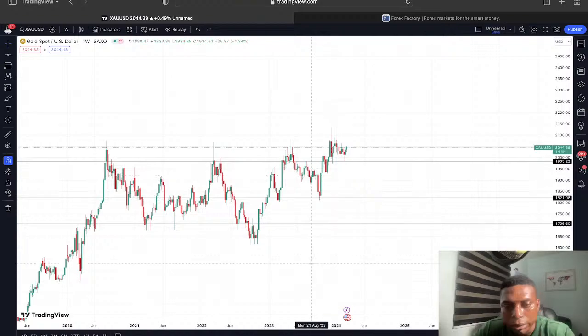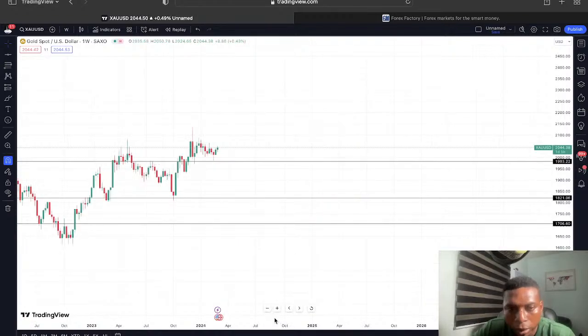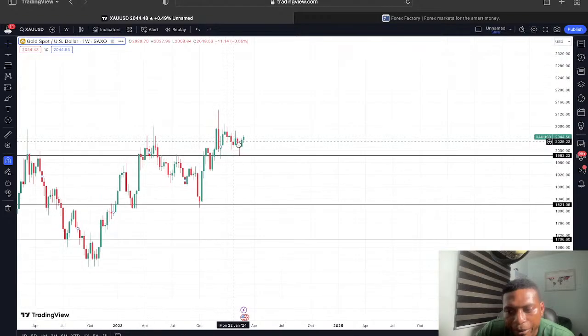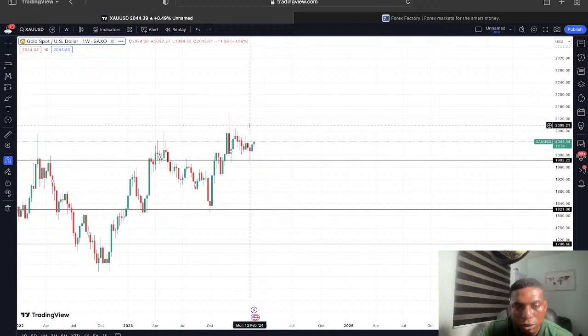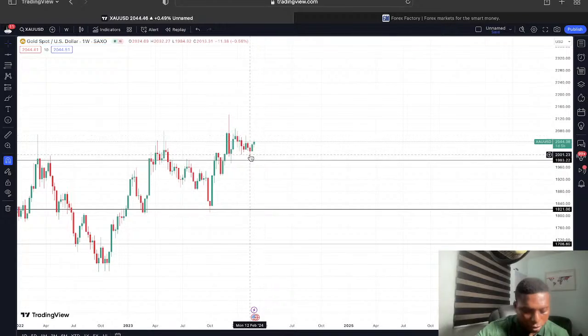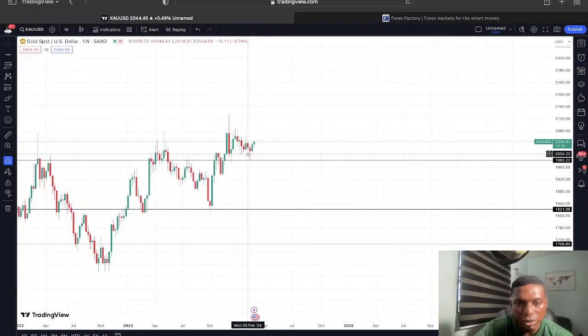And buy momentum is coming in, as you can spot some buy pressure on these candlesticks. Okay, buy pressure on these candlesticks. There's buy pressure here.